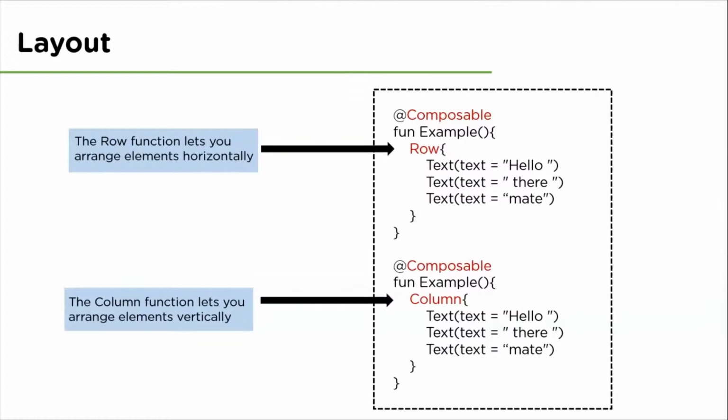The Row function allows us to arrange the elements in a horizontal manner. So hello, there, and mate will be arranged horizontally. Similarly, the Column function lets you arrange the elements in a vertical manner. So in the case of the Column function, hello, there, mate will be arranged vertically. So this was the example of layout.